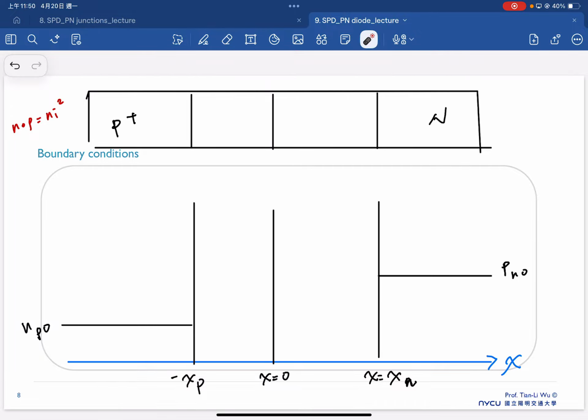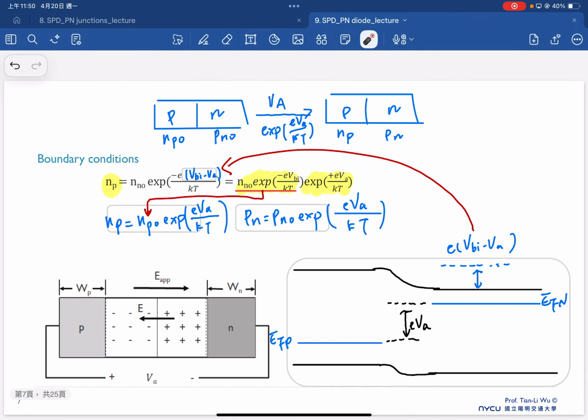under the additional bias. Just to go back and remind everyone, our goal is to look at the case under the forward bias, what would be our minority carrier here and here.